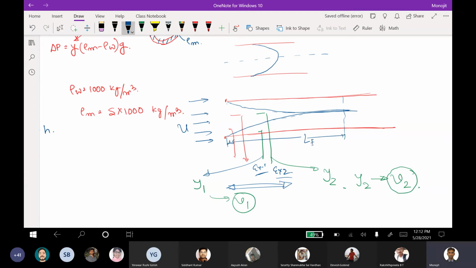See here, your flow is developing, and I'm positioning the pitot tube somewhere close to the wall, which falls into a region where your flow is developing, and the other one is located at a position where you have free stream. So this will give you the free stream velocity, and this will give you a velocity which is significantly less and very close to the no slip condition.